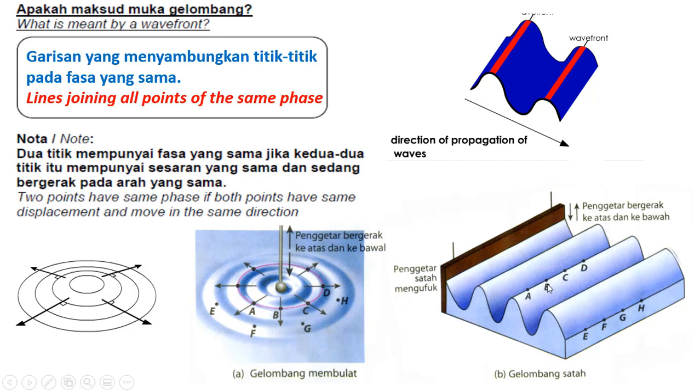Points A, B, C, D are all the points on the crest, and these will vibrate upwards with the same displacement, while points E, F, G, and H are all in the same phase because they are all on the trough. So these points will vibrate downward. So we said that A, B, C, D are the points in the same phase. So we line them up to produce a line, and it looks something like this.